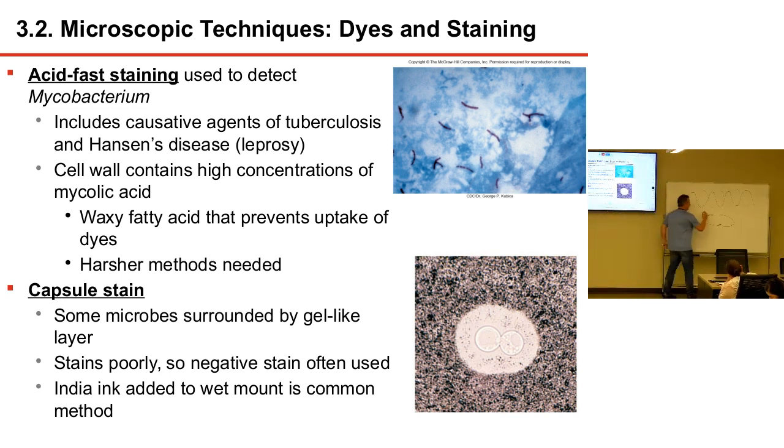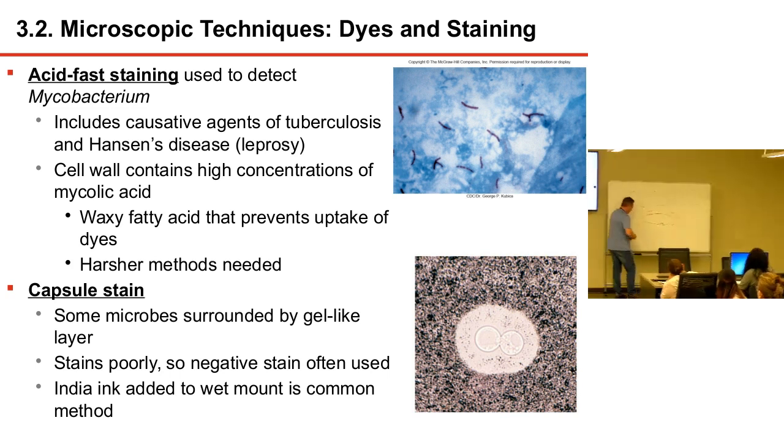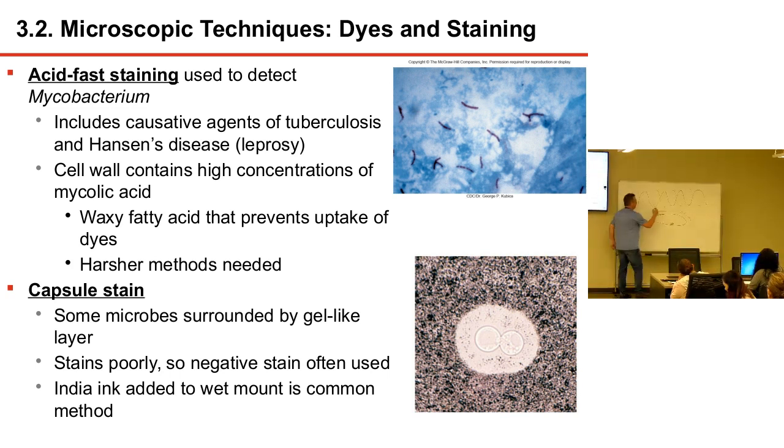They're all going to have a cell wall going around them. The cell wall is either going to be gram positive or gram negative based on how thick it is. So this will be the cell wall. And then some bacteria have the capability of putting a capsule around the outside. Not all, right? So again, this is helping us differentiate what we might have.